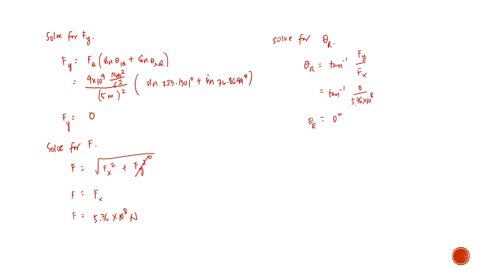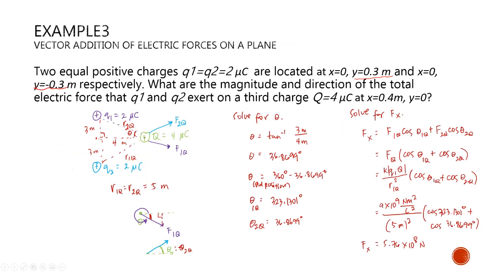So the resultant is on the positive x direction. This is the magnitude, 5.76 times 10 raised to the power of 8. So the resultant is straight along the x-axis. This is the resultant force, the total electric force.